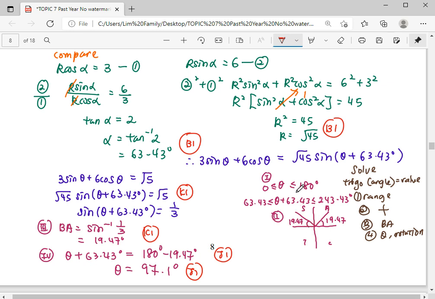But these two steps are important for us to determine our answer, because without the range and without the quadrant, we can hardly see where the solution is. So therefore step 1 and step 2, we have to write them in order to help us identify our angle rotation as our solution in this equation. So that's all.